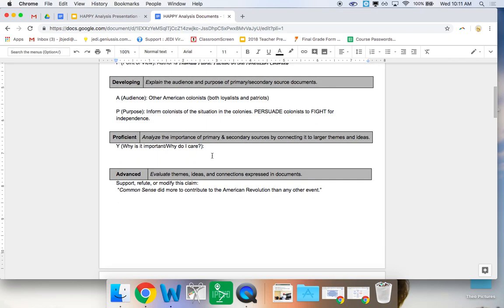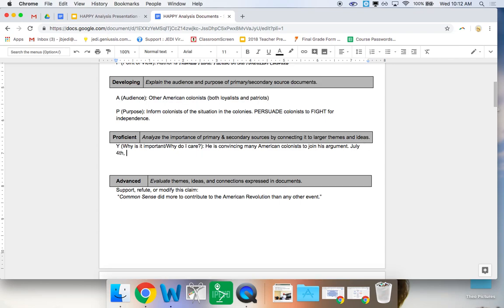Now we have proficient. Why do I care? Well, he is convincing many American colonists to join his argument. Is it impactful? Larger themes and ideas? Well, I know that July 4th, 1776, the Declaration of Independence will be written.